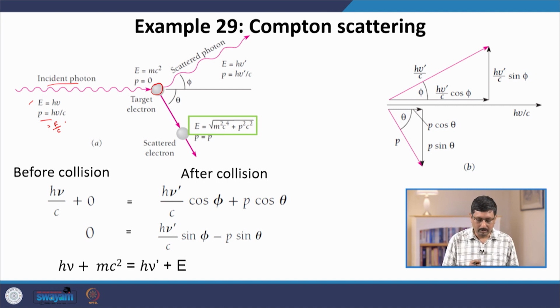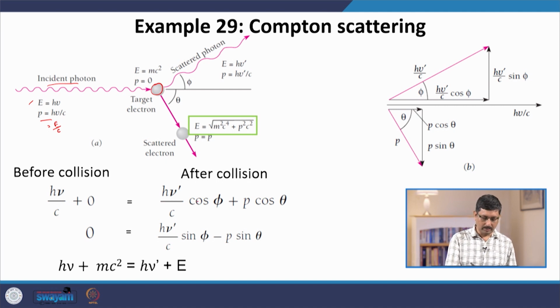The photon hits the target electron, and as a result it scatters in a different direction. You see that the scattered photon's wavelength is now bigger than the incident photon's, which means its frequency, which is inversely proportional to the wavelength lambda, has also changed.